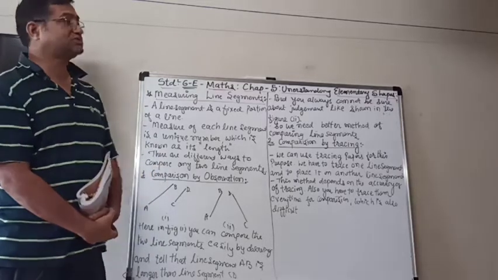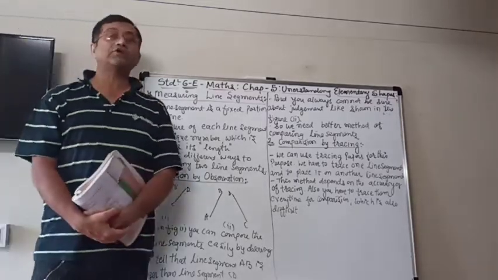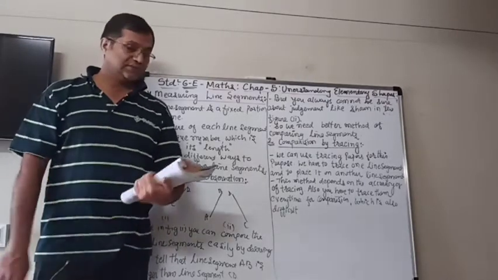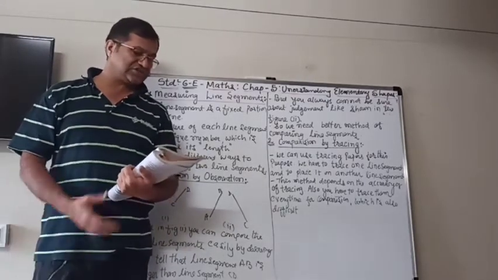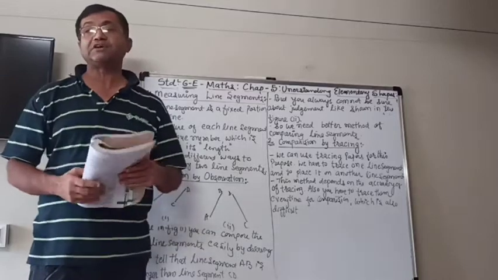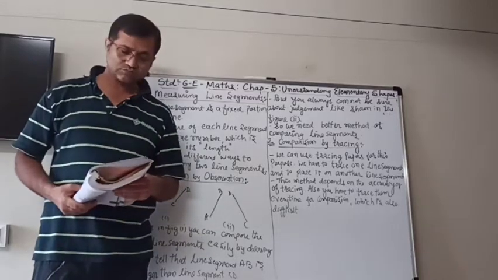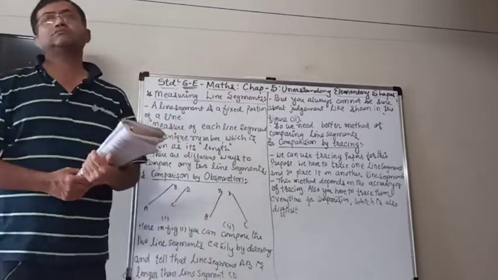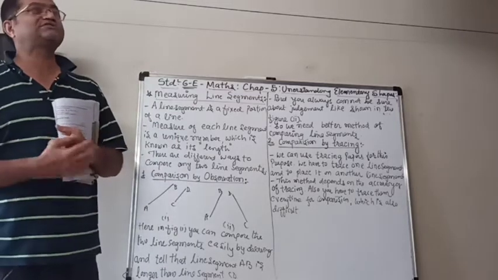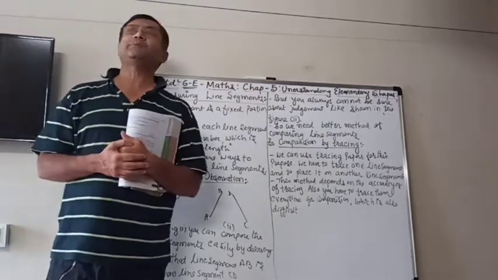Today we are going to start chapter number 5 in mathematics, understanding elementary shapes. Now, around us we can see different types of shapes.